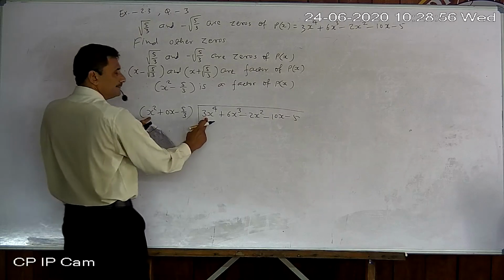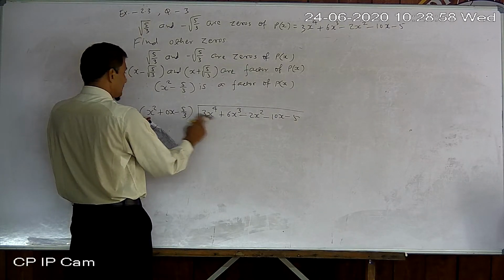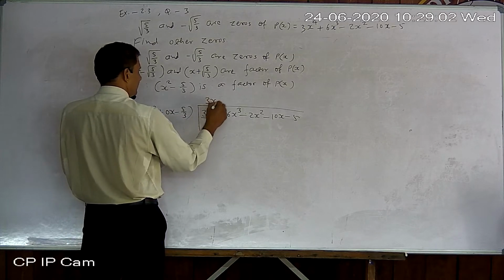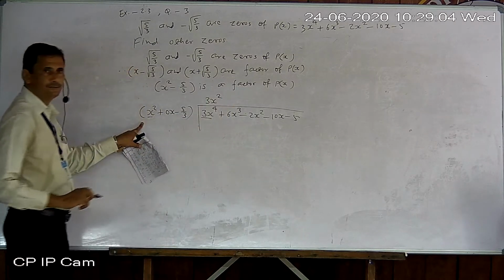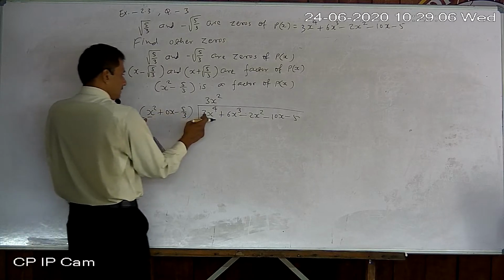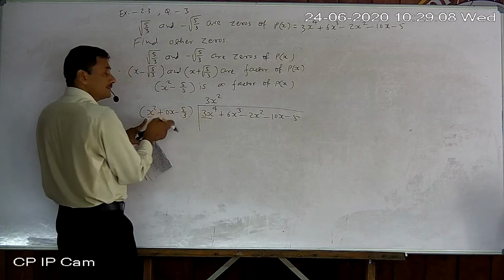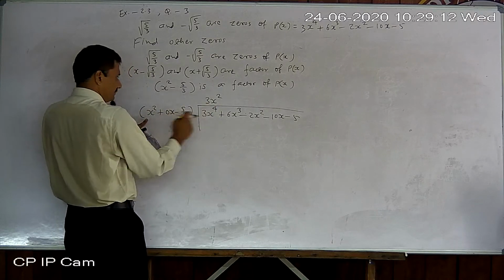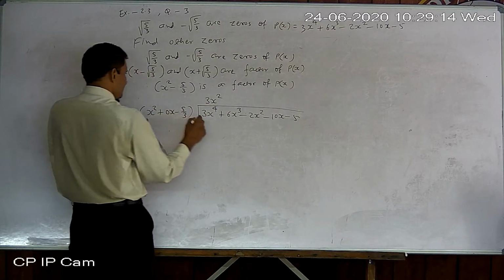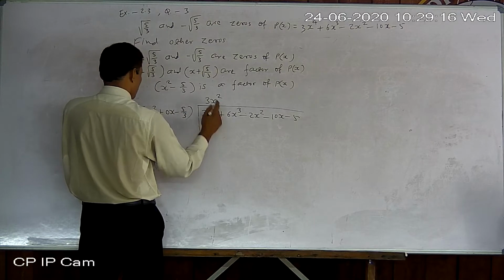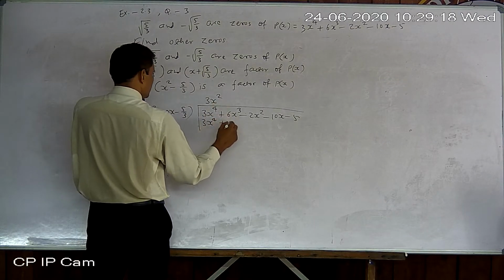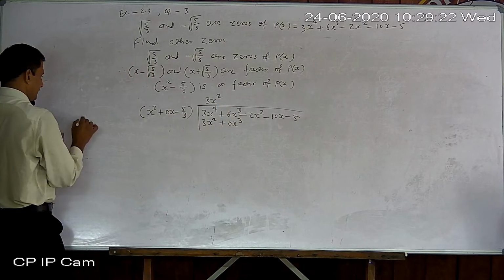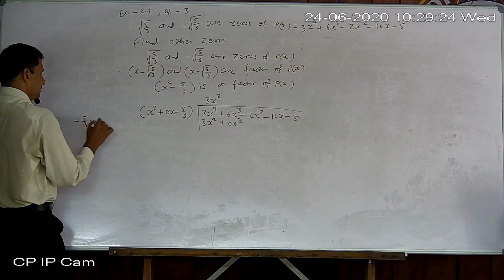Now look here. We want 3x raised to 4 from x square by comparing the first term, so I have to multiply by 3x square. Multiply 3x square with the divisor: 3x raised to 4 plus 0x cube minus 5 by 3 into 3x square.